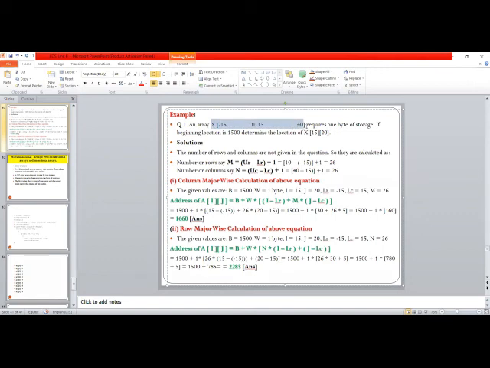This array requires 1 byte of storage, so the value of W is 1 here. If the beginning location is 1500, that is the base address is 1500, we have to determine the location of the element stored at X of 15, 20.